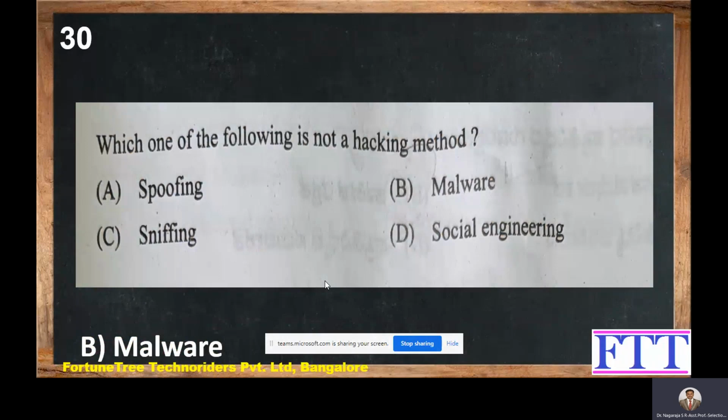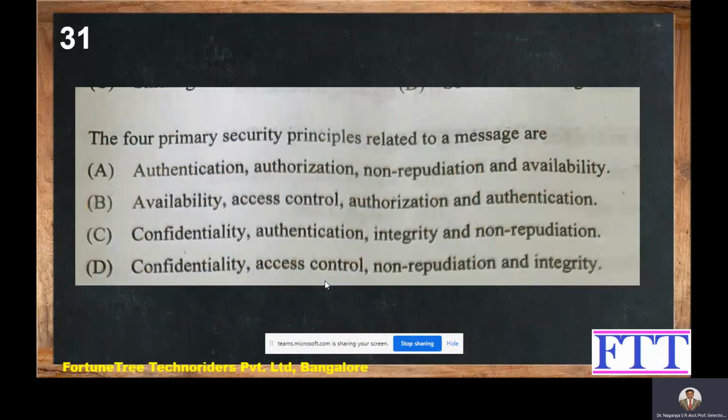31st question. The four primary security principles related to a message are: option A, authentication, authorization, non-repudiation, and availability. Option B, availability, access control, authorization, and authentication.